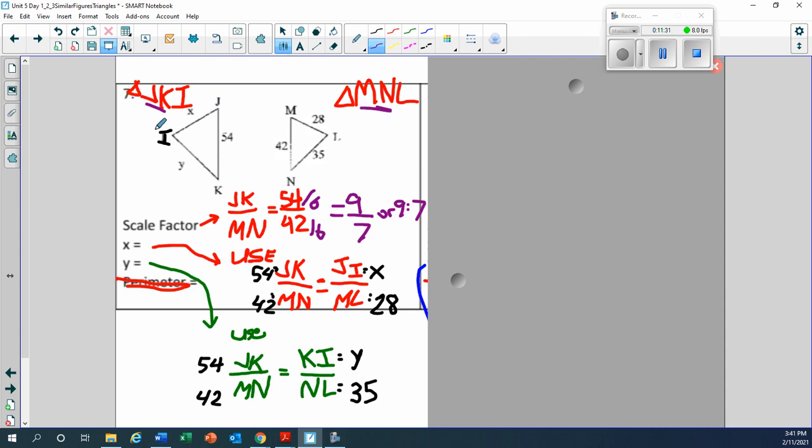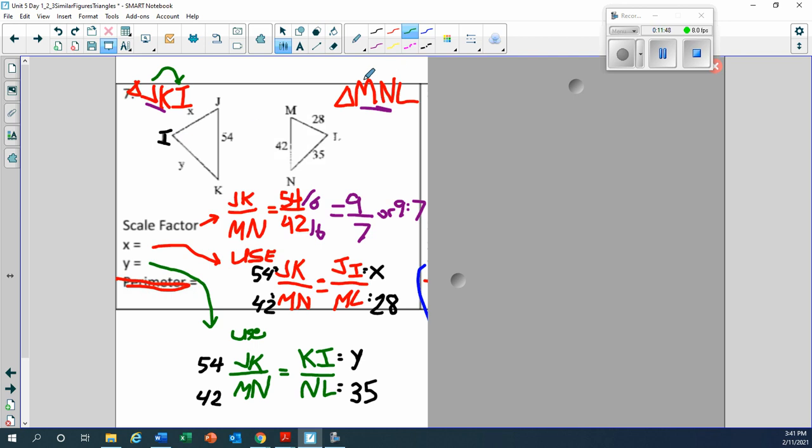If you want to use I to J, that's okay too, but just be consistent with your order. So for time, we'll just say we're going from J to I.